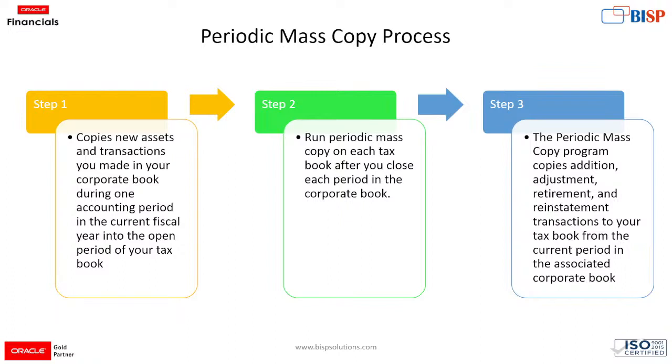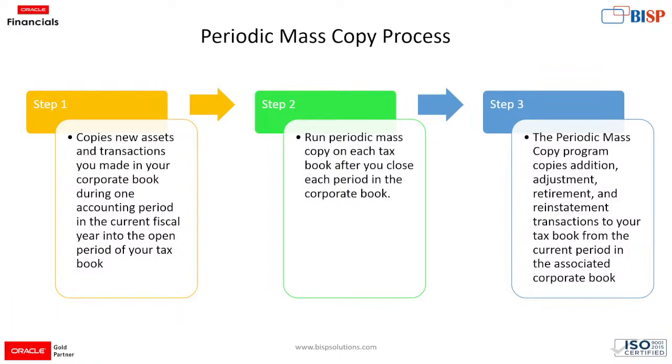Right, so let us see the steps. The steps are: copy the new asset and transactions made to your corporate book during one accounting period in the current fiscal year into an open period of your tax book.